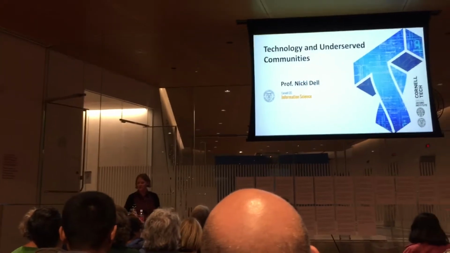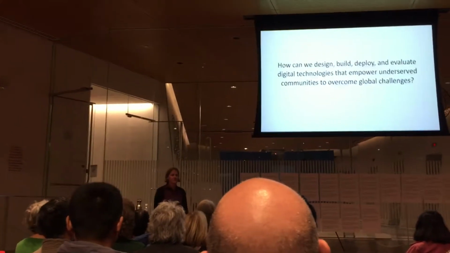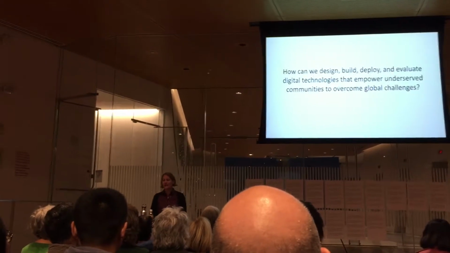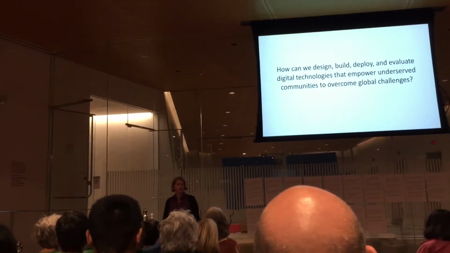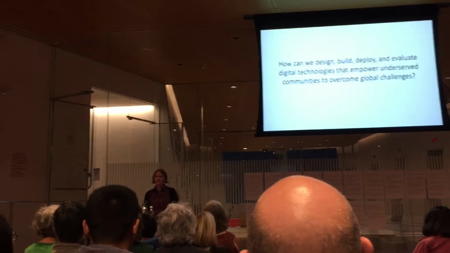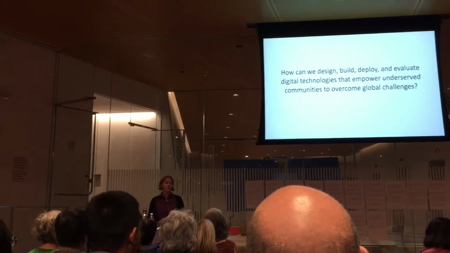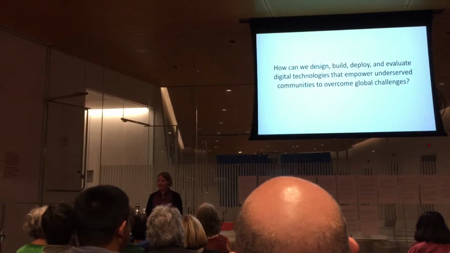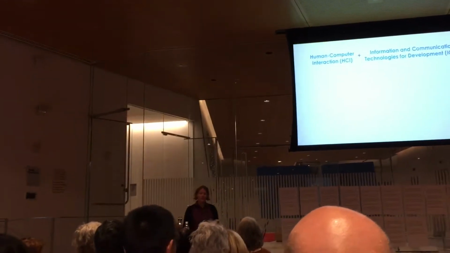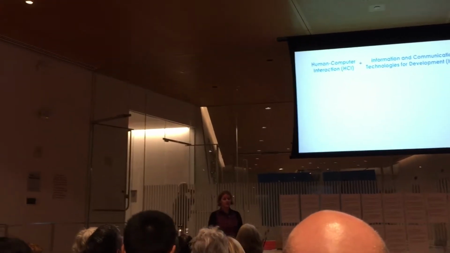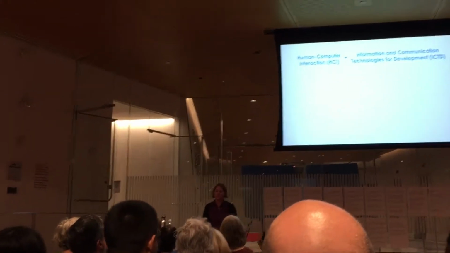So the goal of my research is really to try and understand how we can design, build, evaluate, and deploy technologies for underserved communities in ways that help them to overcome global challenges. And I'll unpack what this means shortly. In a nutshell, I work in two different fields of computer science and information science.